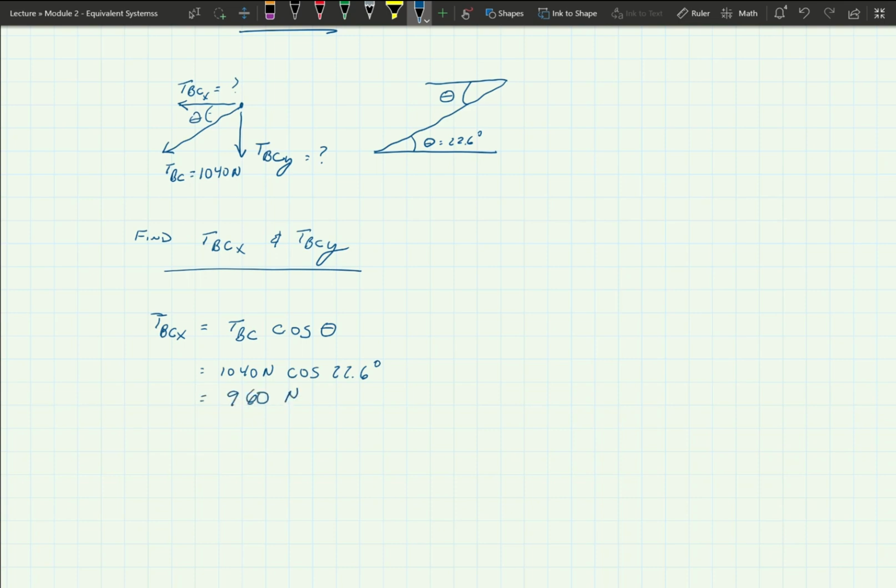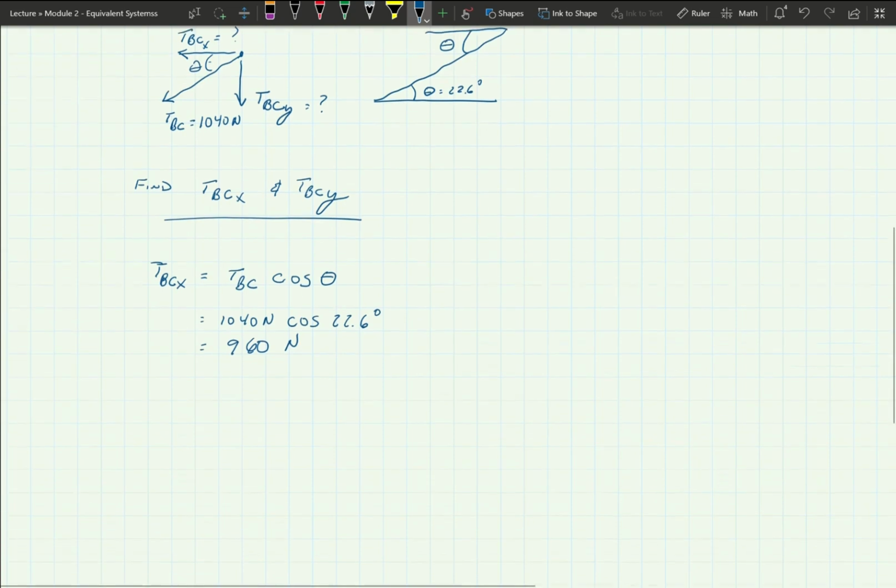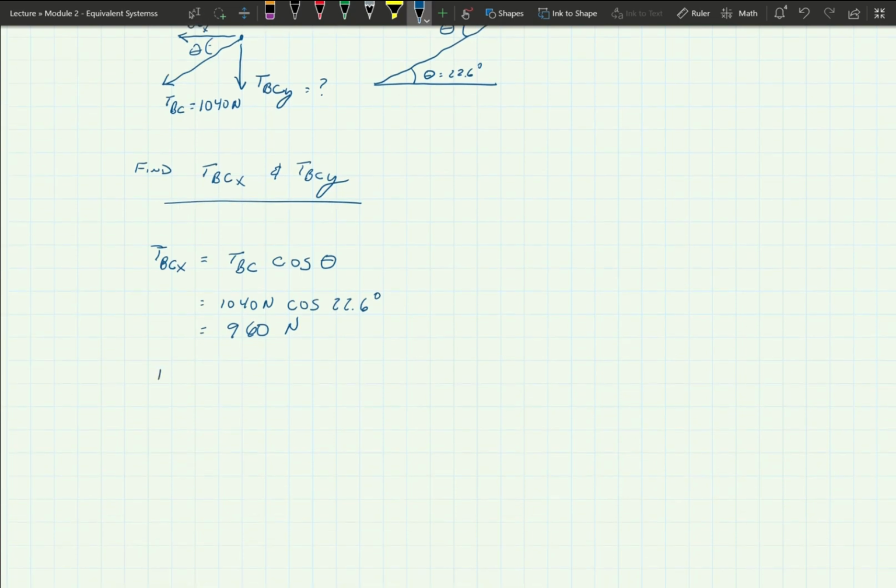And when we get all said and done, we are at 960 newtons. Okay. Now we want to find TBCY. It's TBC sine of theta, 1040 sine of 22.6 degrees.